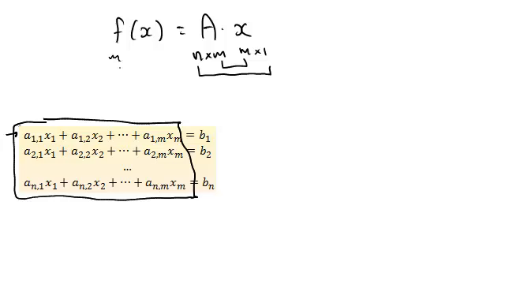You can check that you can actually write your function f of x as a1 comma dot. Remember, that is the entire first row of A, and it's n by 1. If you do the dot product of that row with the entire x vector, you will get f1 of x. Similarly, all the way down to an comma dot multiplied by x.